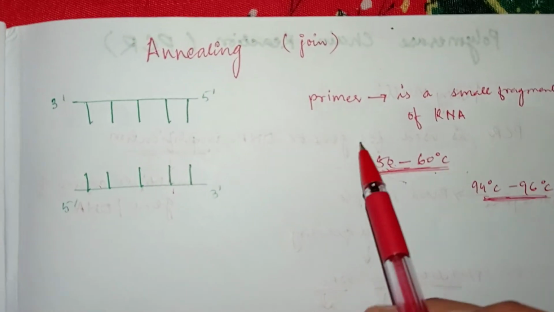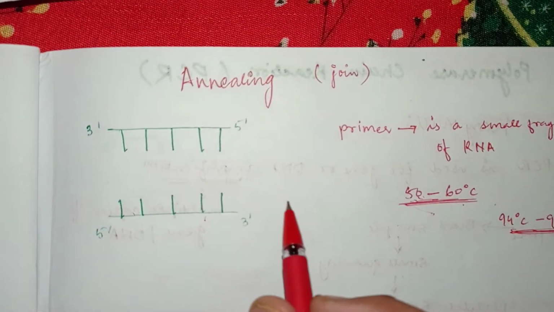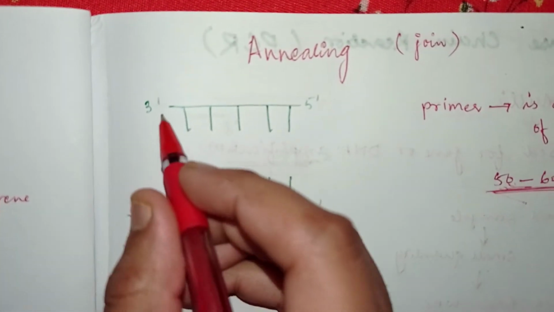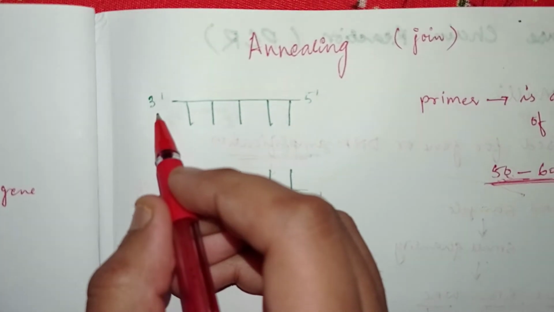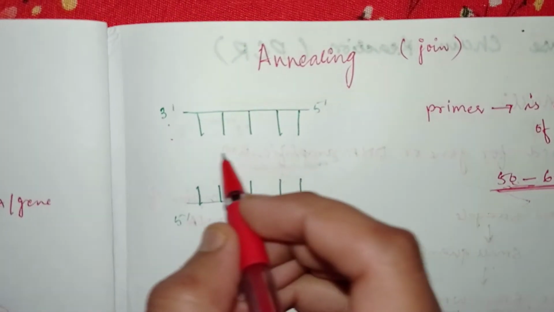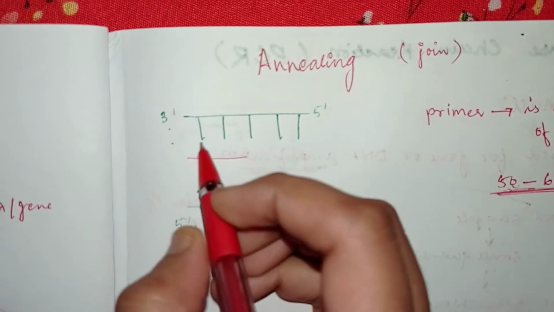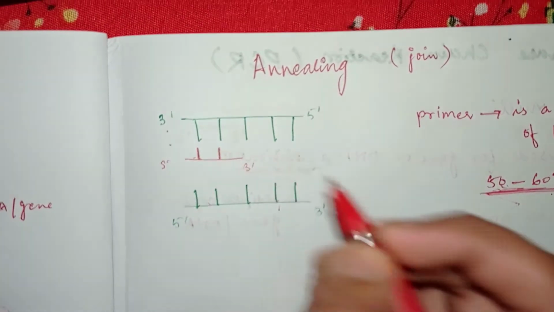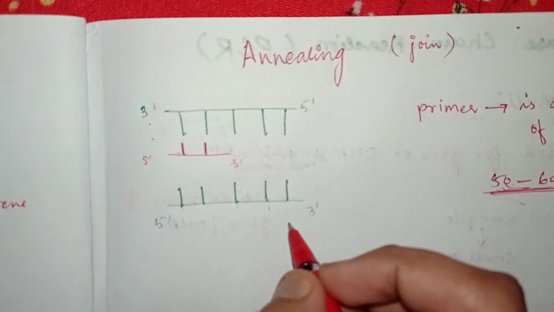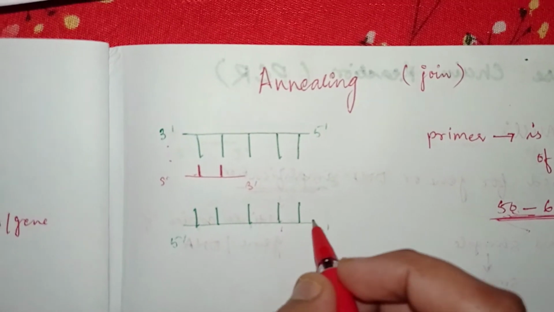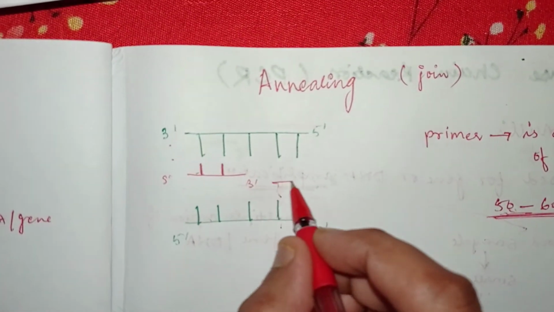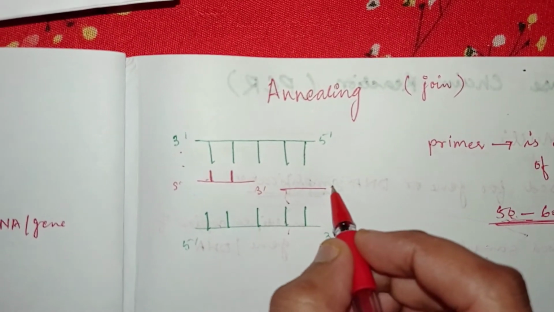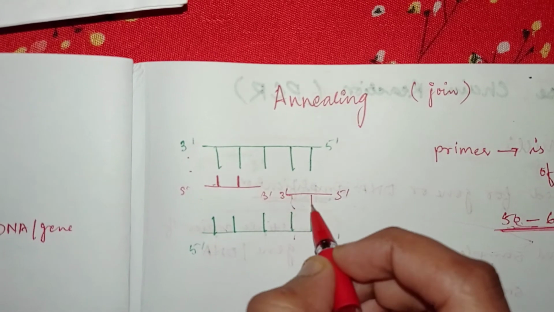So let's bind the primer. Always remember that primer always binds opposite to the 3 prime end. Here the 3 prime end is present, so primer will be bound here, that is 5 prime to 3 prime end. Here we have attached the primer at another template. Primer will be bound opposite to the 3 prime end. So here it will be 5 prime end to 3 prime end.